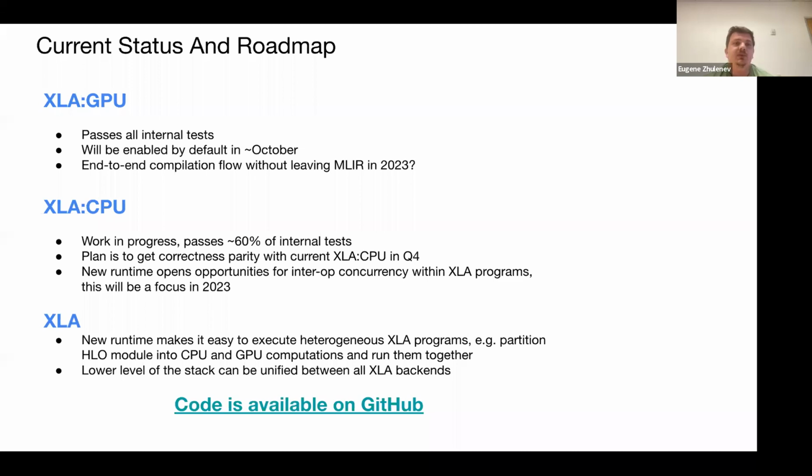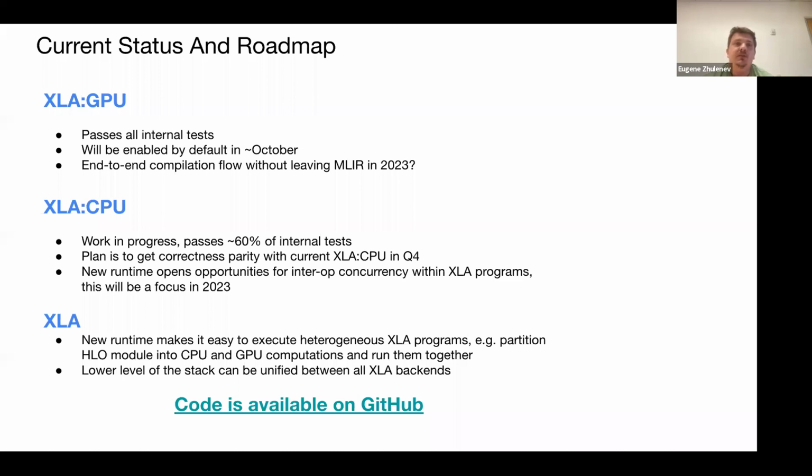For XLA CPU, the work in progress passes around 60% of the tests, and the goal is to have correctness parity with current XLA in Q4 and hopefully enable it early in 2023. The big feature of the new runtime is async execution. XLA CPU today is sequential.